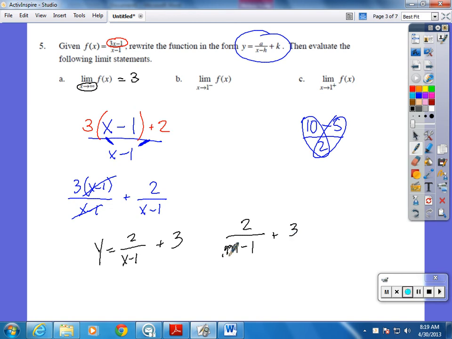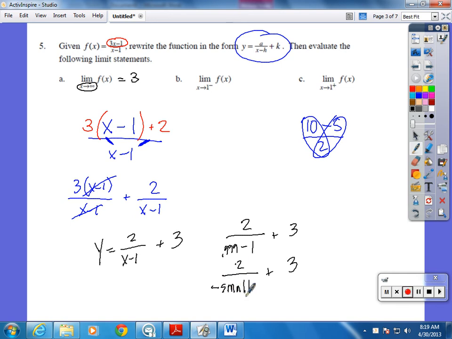Well, what is 0.9999 minus 1? 0, or a number really close to 0. It's actually like a negative 0, right? Plus 3. And any number divided by a negative, now when I say 0, I mean what? Small. So we have a negative small number.